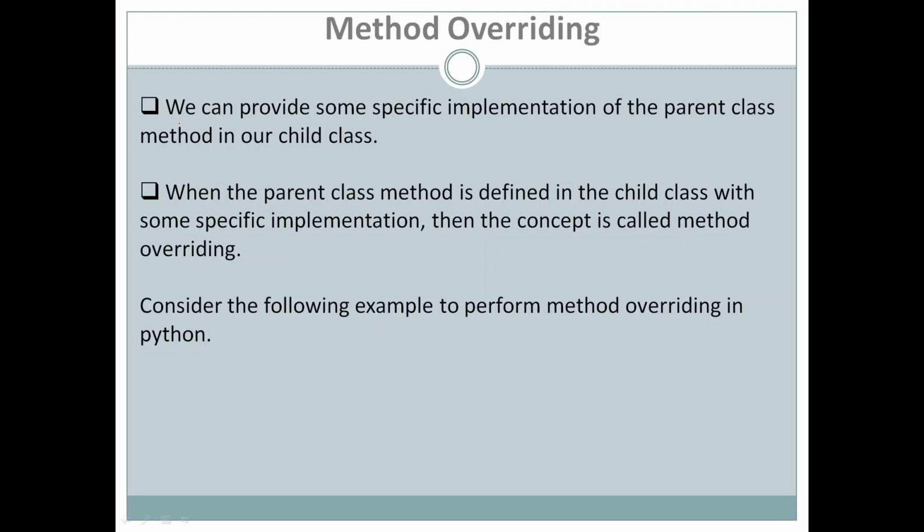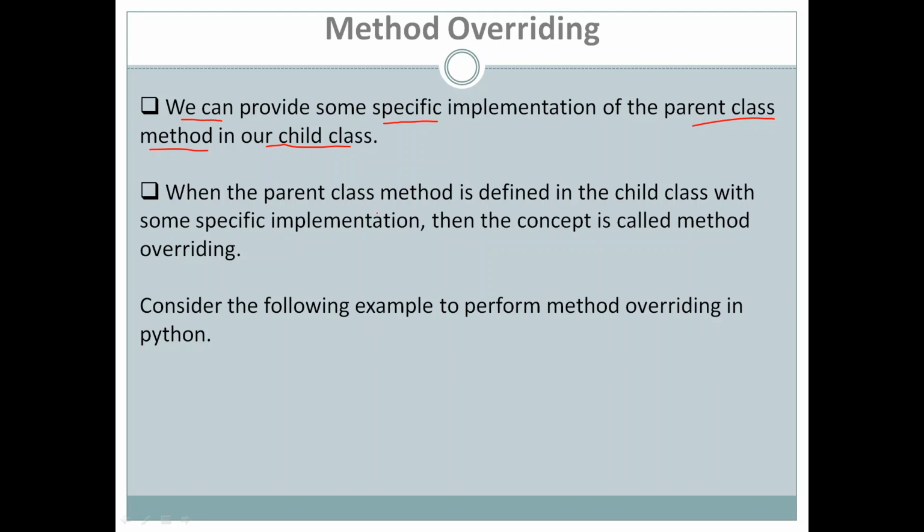As we have discussed, we can provide some specific implementation of the parent class method in our child class. So whatever methods we inherit from the parent class, those methods can be rewritten in the child class when we want some specific implementation of them.